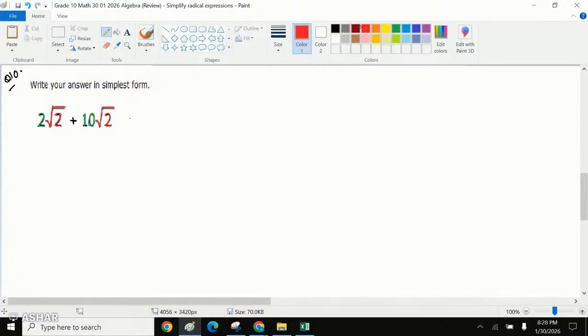So what we can do is add the numbers 2 plus 10, and the radical 2 is multiplied by them. 2 plus 10 would be 12 radical 2, and that is your final answer.